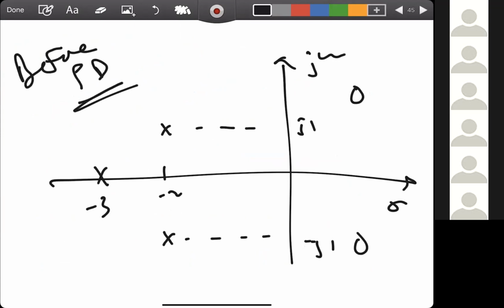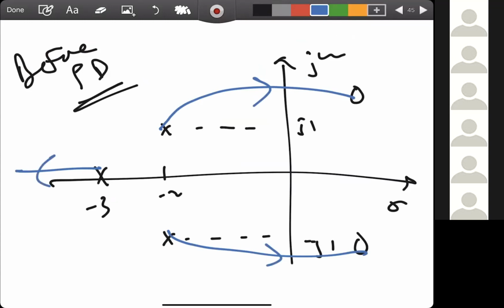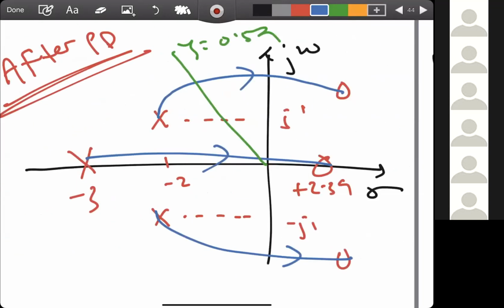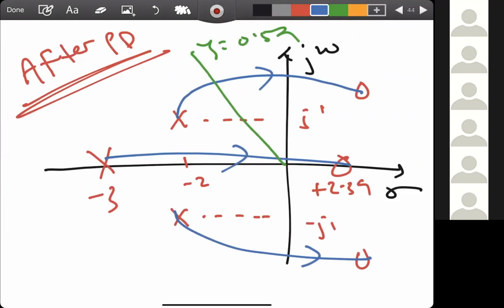PD tu apa, Natra? Proportional derivative controller. So this one is before PD. So when we insert the PD controller, there is a zero over here, plus 2.39. So dia tak pergi sana lagi lah, pergi sini.